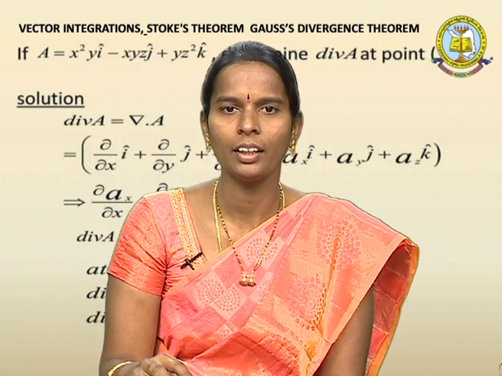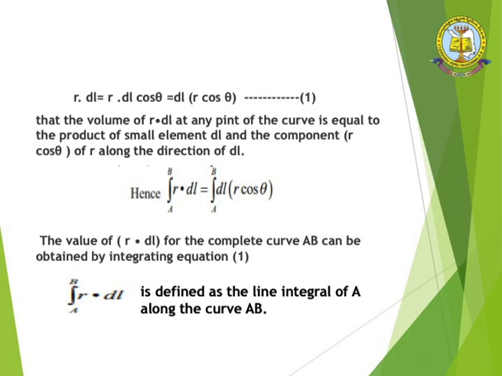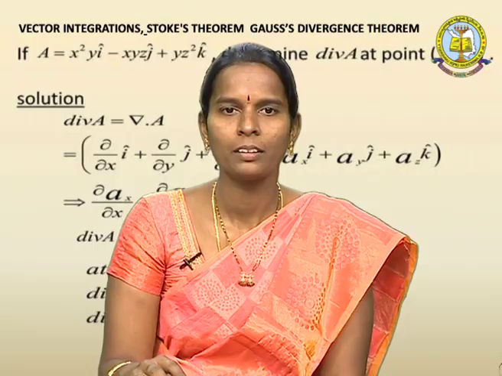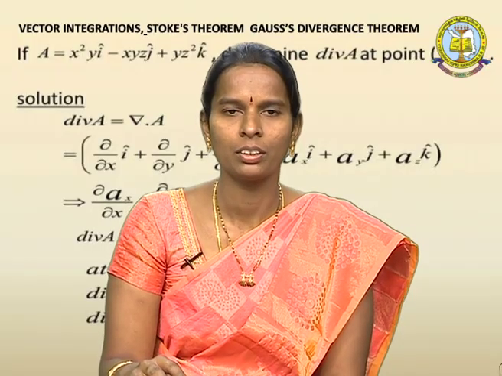This is the line integral. So r dot dl is defined as the line integral of the vector along the curve A to B, and this is the formula for the line integral.